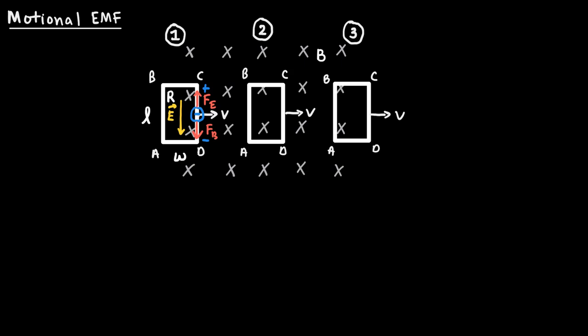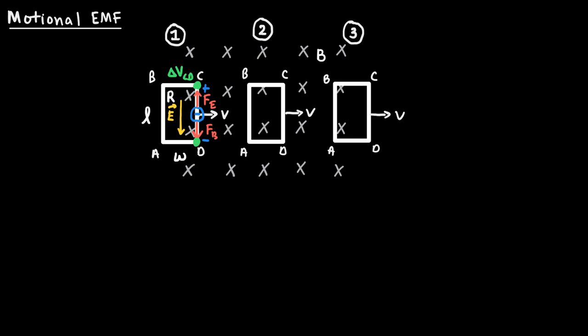As long as that conducting square continues to move with its velocity v, then there's going to be a potential difference across points C and D. And like a battery, that potential difference across those 2 points will drive a current through the entirety of the conducting square. So across point CD, we have now a voltage that depends on the strength of the magnetic field, the velocity, and the length of that conductor.